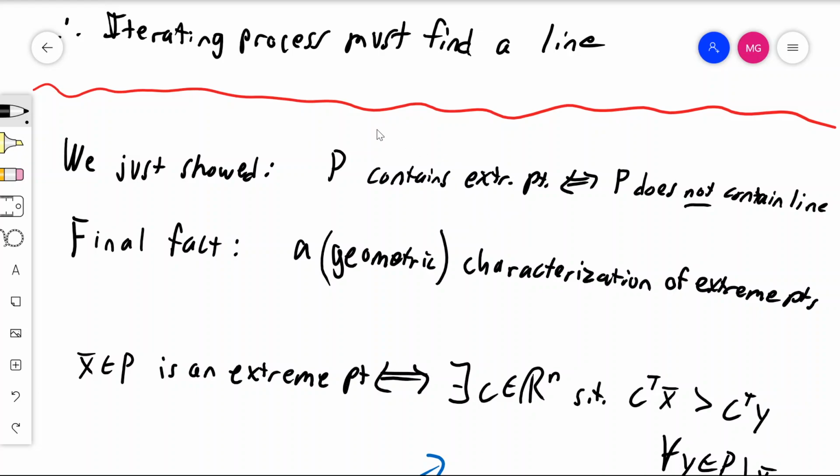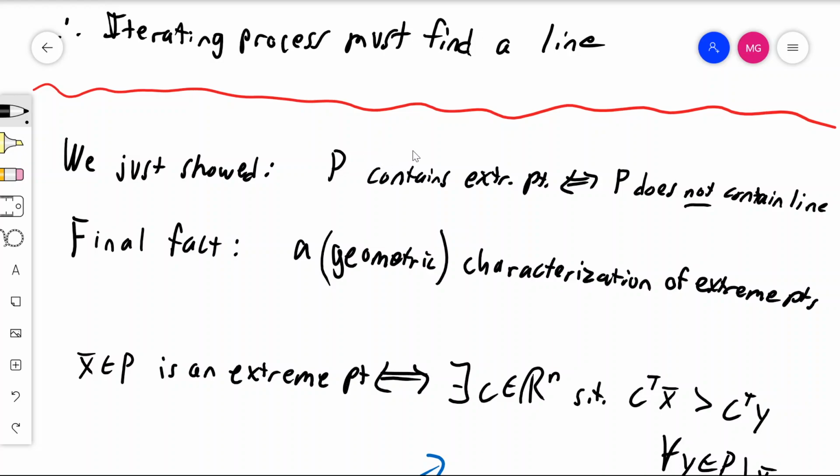And now we just developed another characterization. This characterizes the overall polyhedron. So now we know that we have an extreme point if and only if we don't contain a line. We don't know which point is the extreme point, but we do know that one exists.